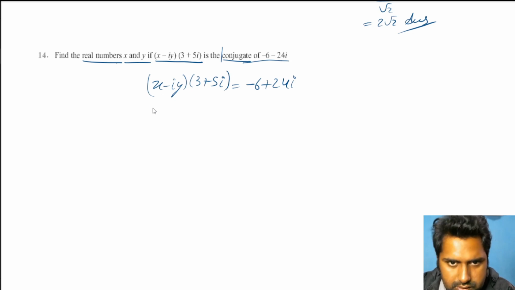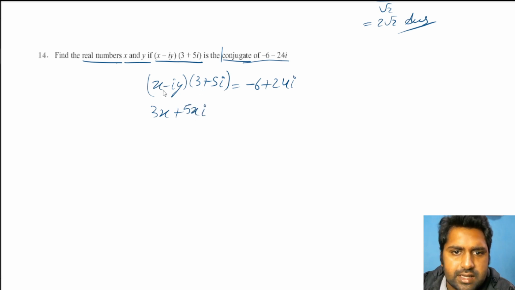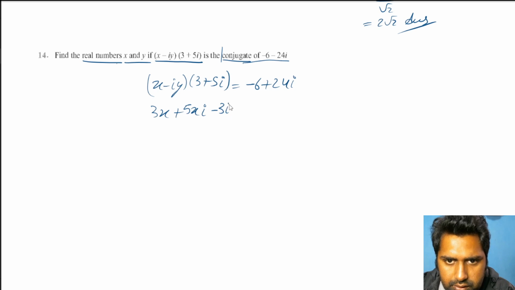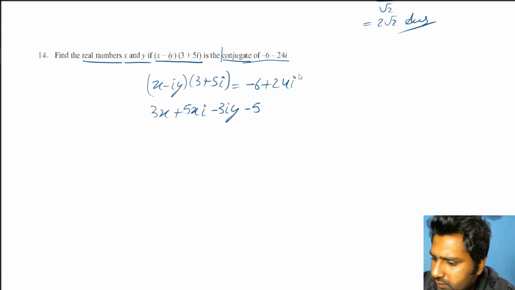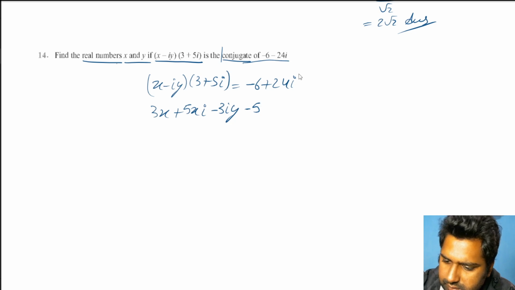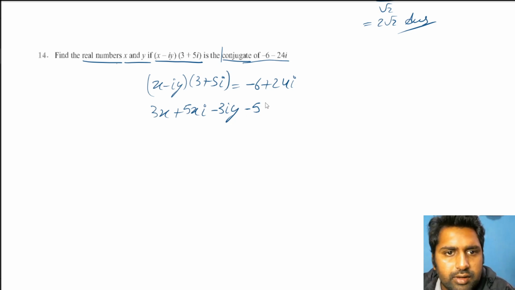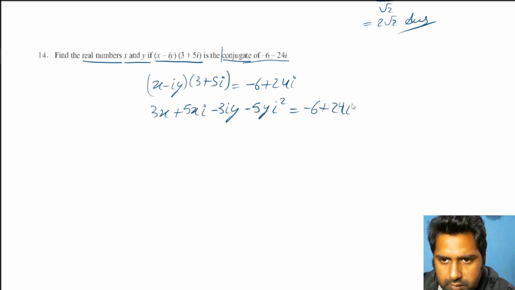Let's multiply this. So you'll get 3x plus 5x iota. Let's multiply first x then iota, minus 3 iota y, and minus times plus becomes minus 5 y iota square is equal to minus 6 plus 24 iota.